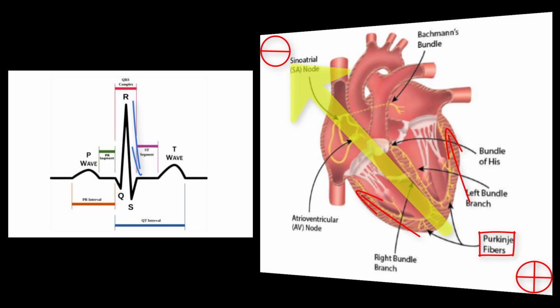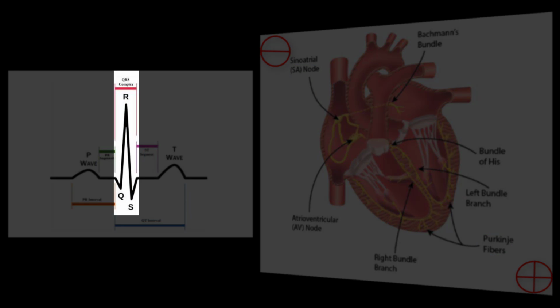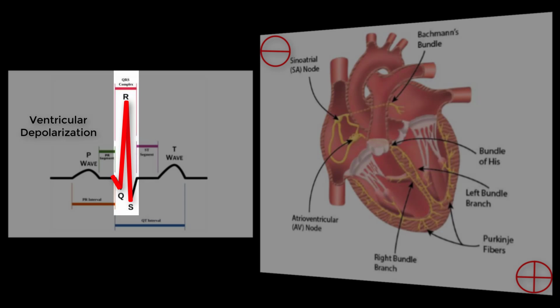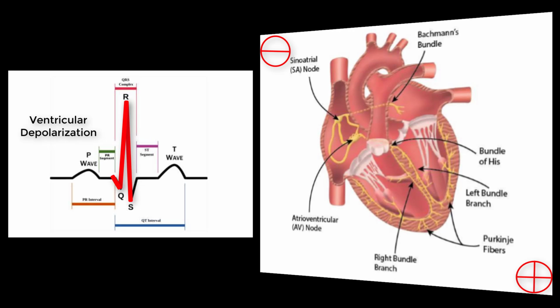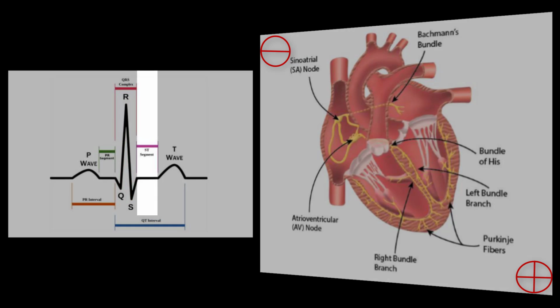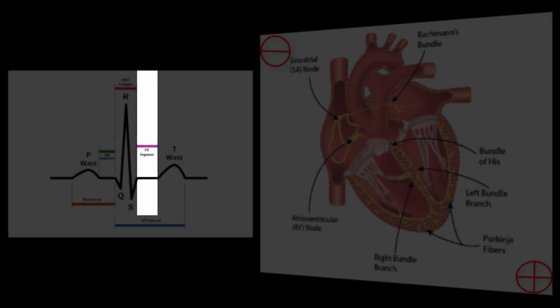A negative deflection that we can see here on the EKG from R to S. We call this QRS wave the QRS complex, which means ventricular depolarization. Remember, depolarization is the electrical impulse being sent. It is not the actual contracting of heart muscle. That occurs during the ST segment on the EKG.